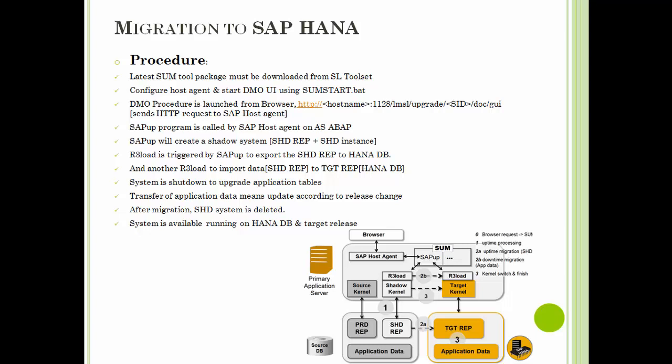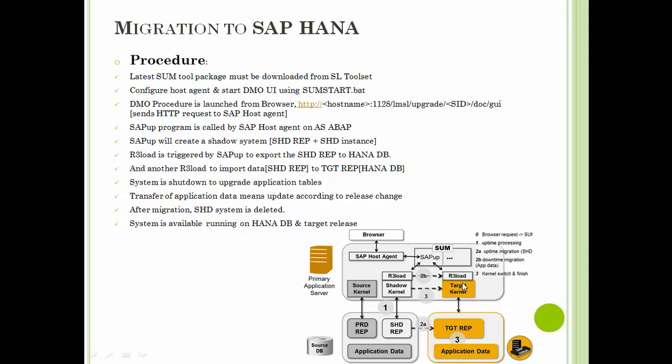That is, it is entering the downtime phase, during which SAP up will trigger the R3 load, which exports the shadow repository to the HANA database, which is the target repository now. And another R3 load to import this shadow repository to the target repository. So there are two R3 loads triggered for this export import activity internally.